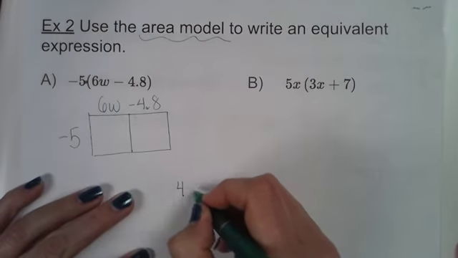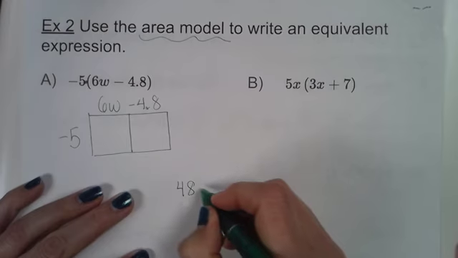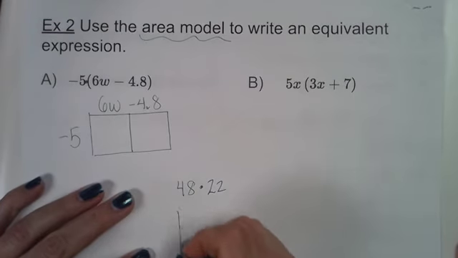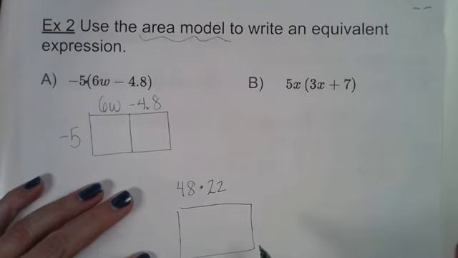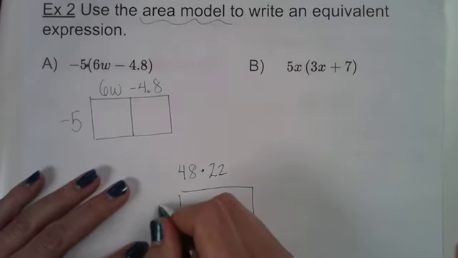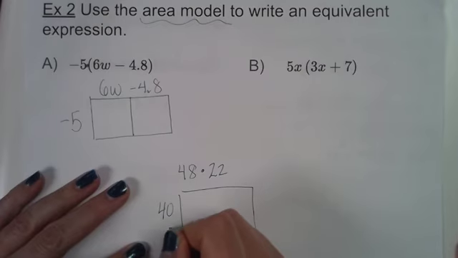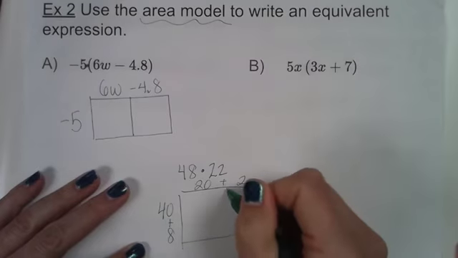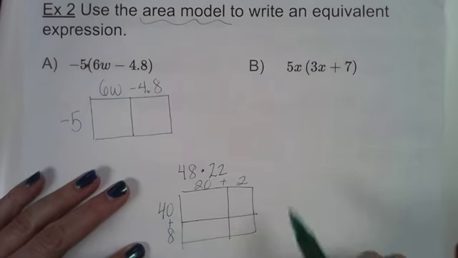Just to refresh your brain, we could take 48 times 22 and write an area model and do the math pretty quickly, because 48 is 40 plus 8, and 22 we could rewrite as 20 plus 2, and those are typically pretty easy.